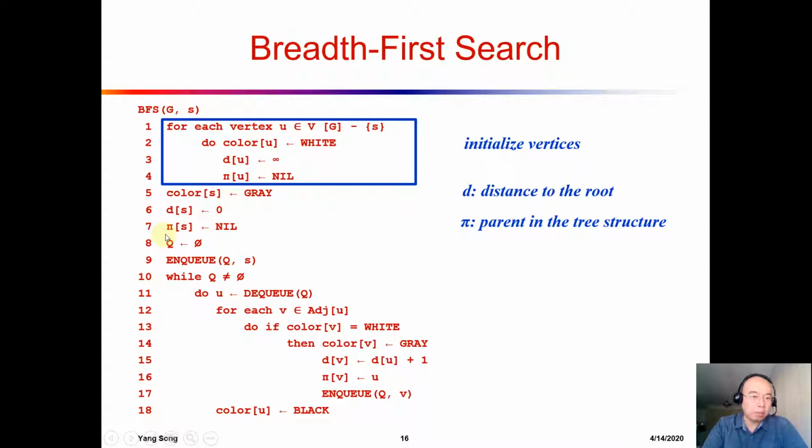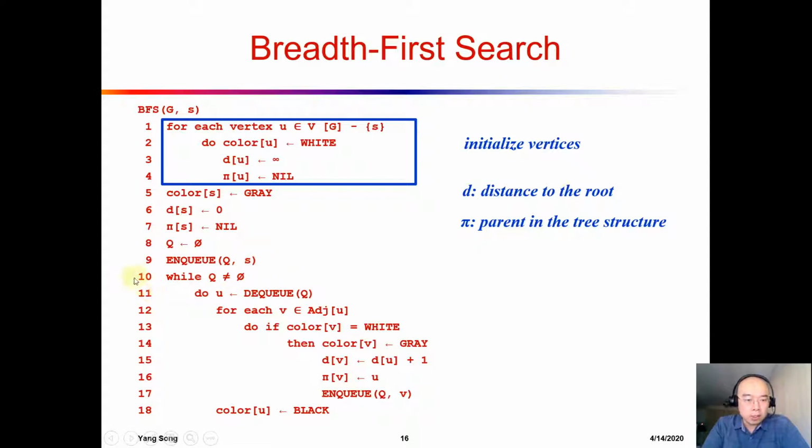And then for pi of s, that is the parent of the root, and s itself is already the root, so it will be nil. And then we initialize a Q. So the Q data type is first in, first out, right? That's a queue. And we enqueue s, so we send s, the root, into the queue.